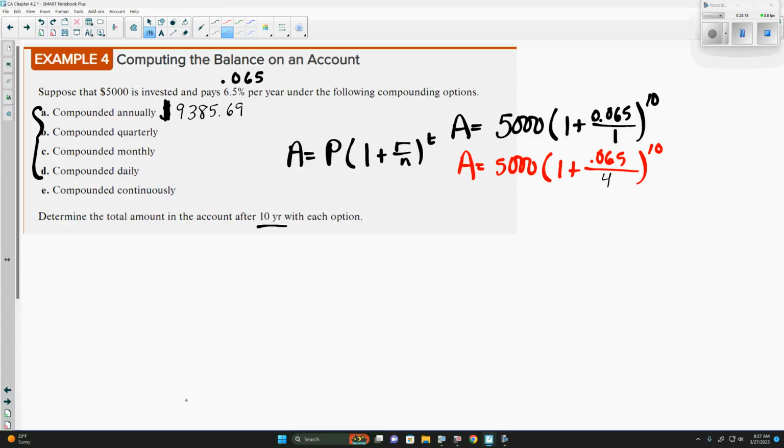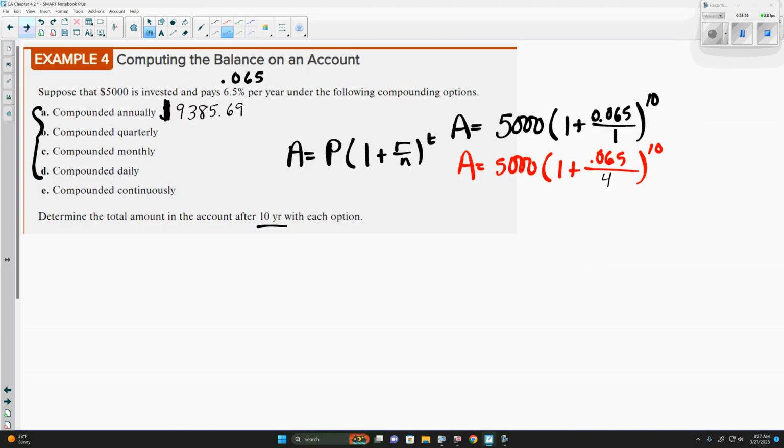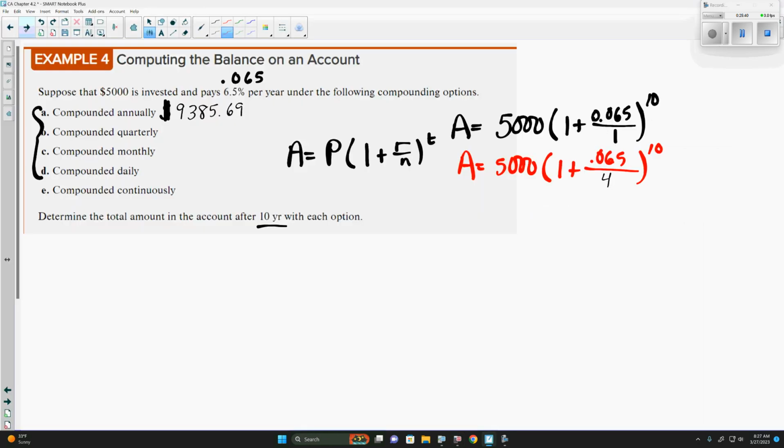Seems very odd. Where n is the compounding period per year. $5,874.56. Yep, that's right.